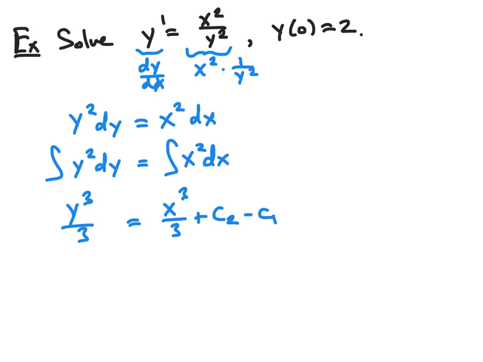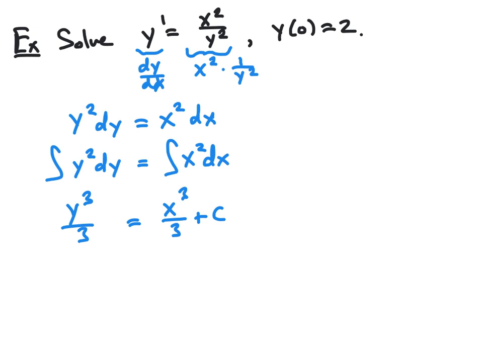And now c2 minus c1 will be an arbitrary constant because it's the difference of two arbitrary constants. And so we can simply make that just one constant c. This is something that can always be done with separable differential equations: we can always put the arbitrary constant on one side of the equation. And so that's what we're going to do here. So our result is the equation y cubed over 3 equals x cubed over 3 plus c.